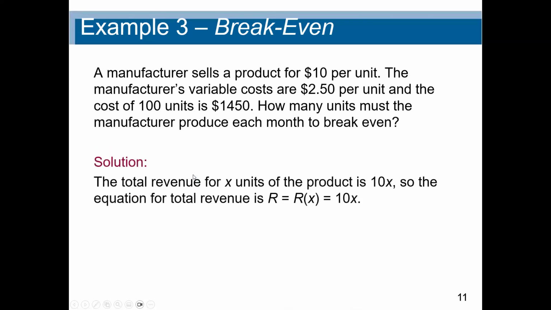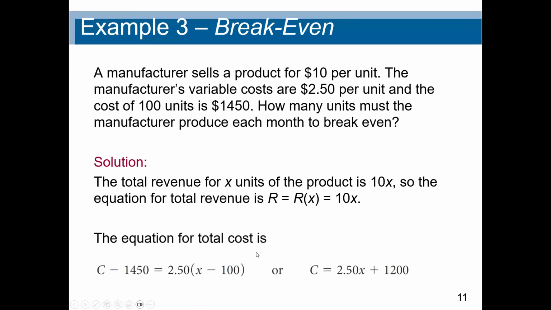So we say the total revenue for X units of product is 10X, because it's $10 per unit and X is the number of units. But for the total cost equation, instead of saying C equals fixed cost plus variable cost, we have to be careful because the $1,450 represents the cost of 100 units.